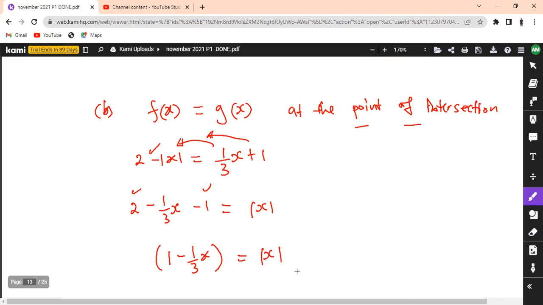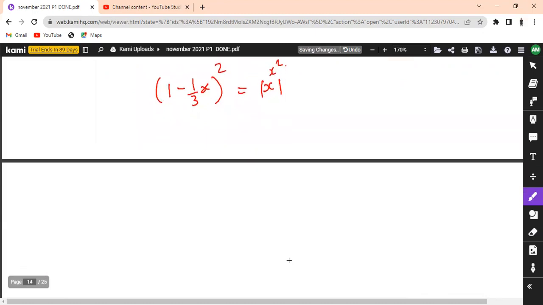To remove the modulus, we square. So this is x squared that you are going to have, and this part you also square. Before expanding, we can factor out a third so that it is easier for us.